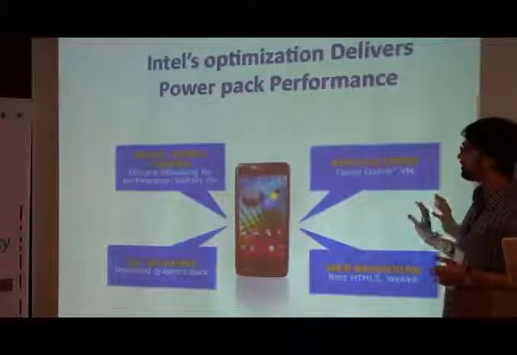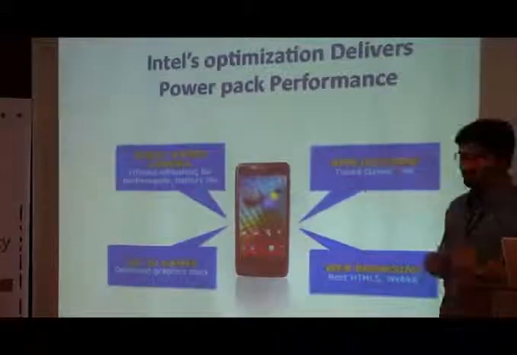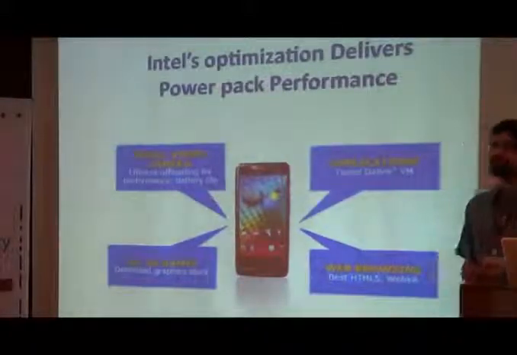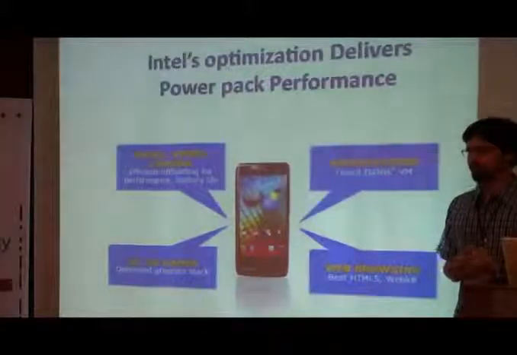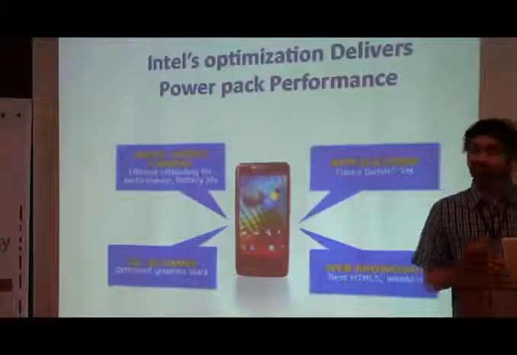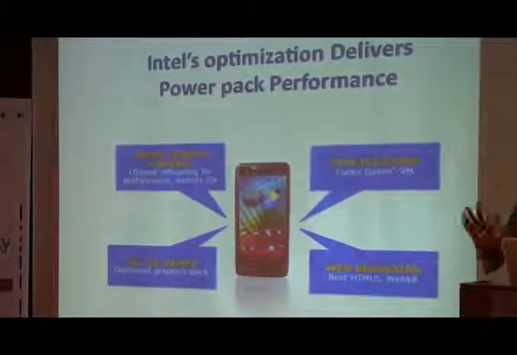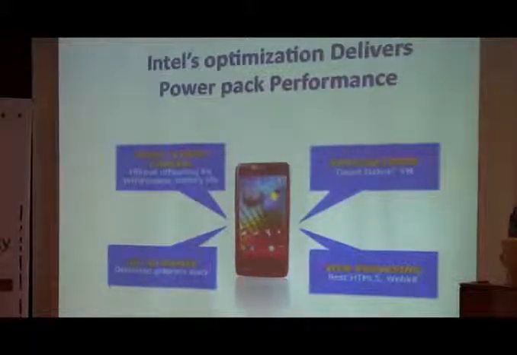So here there are 4 major things which come into the picture. One of them is music, video, and camera. Those are 3 major components of the phone. If I were to ask anyone of you to buy a phone which has no camera, trust me, 90% plus people will say we want a camera. Ultimately, a camera is not just about taking pictures, there's a lot more to it.